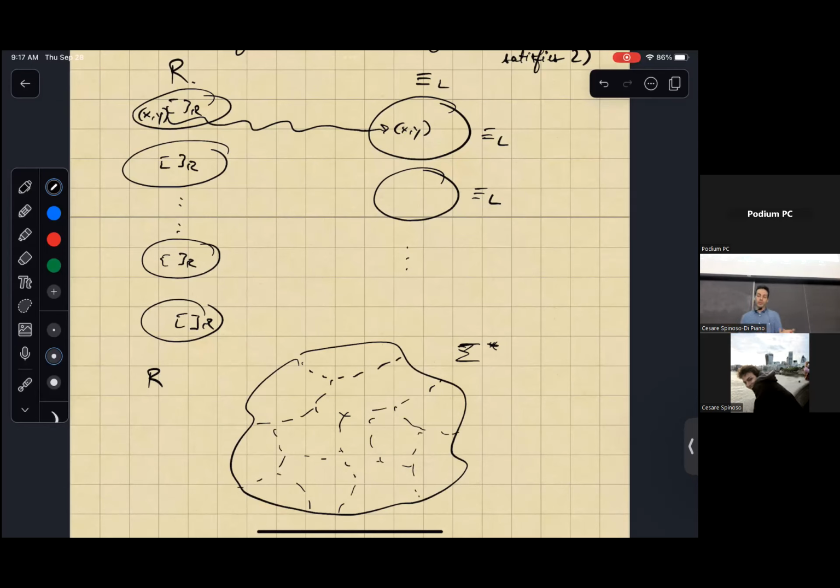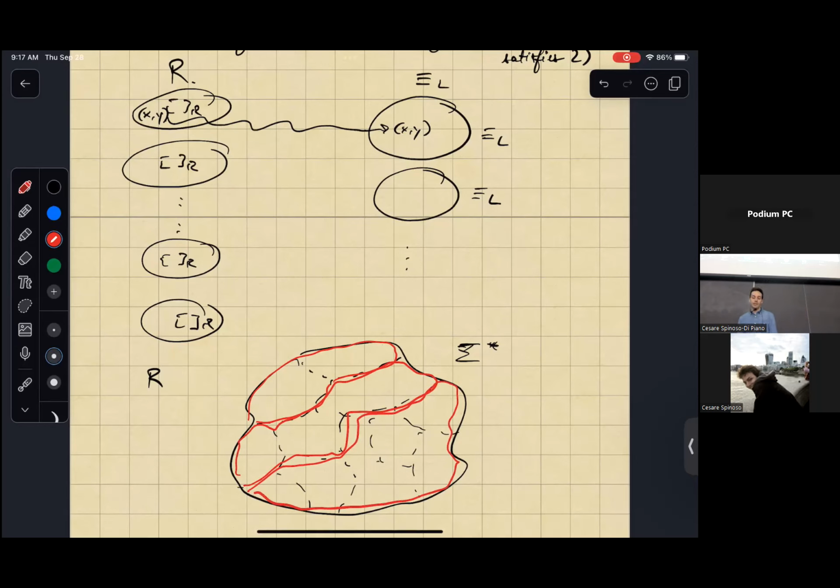Now, what we're going to do is say that the equivalence classes of the Myhill-Nerode relation are coarser, so they're less fine-grained. In other words, the equivalence classes of the Myhill-Nerode relation are maybe this partition, this partition, and everything else.